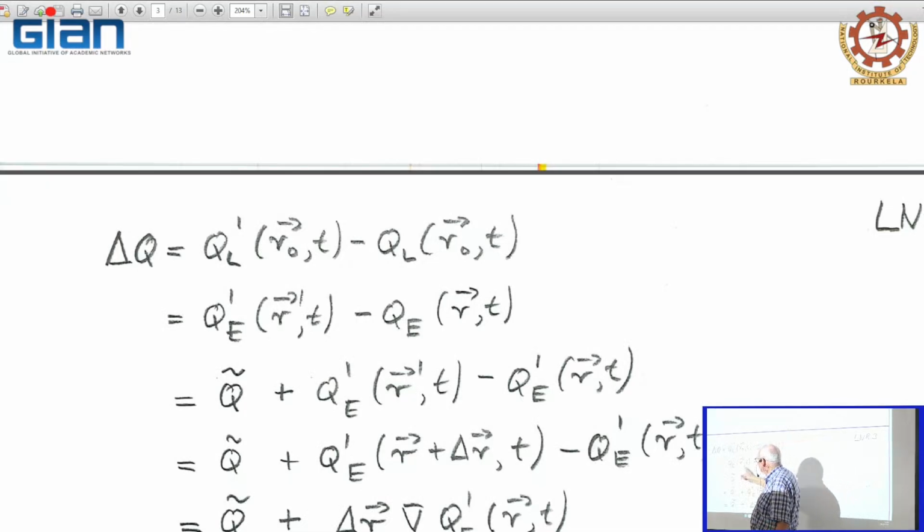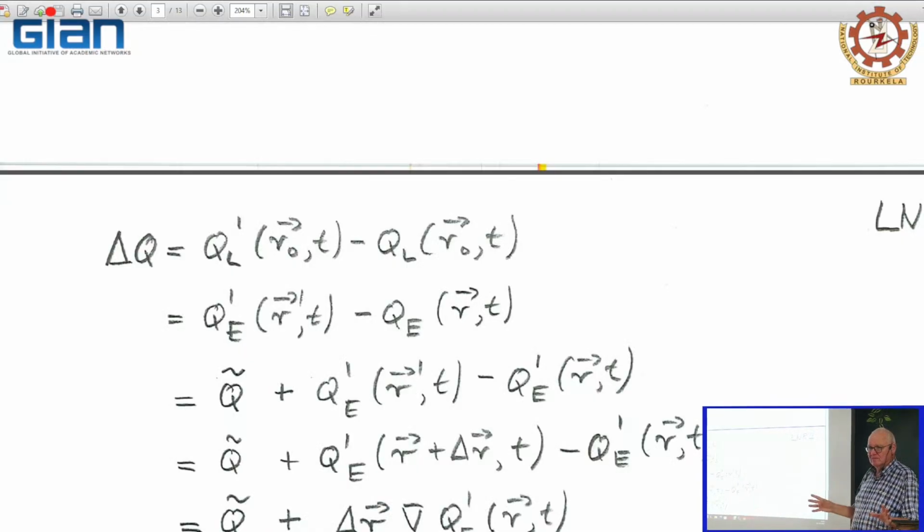So this has to be taken at a position where the element has been moved and perturbed. So it's now at position r dash comma t, whereas here it's pretty simple. For the unperturbed system, the mass element has moved from r0 to r, so we have to identify the quantities in the Eulerian and Lagrangian sense at the Eulerian coordinate r and at the Lagrangian coordinate r0. Okay.